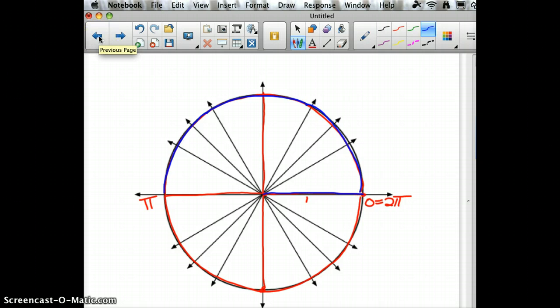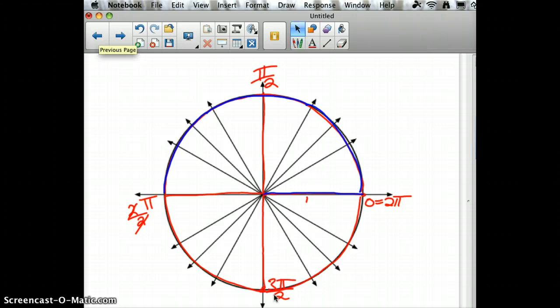Well, this is 0 and this is pi. Obviously, this is halfway, so pi over 2. So I've got 0, I've got 1 pi over 2, I've got 2 pi over 2, I've got down here 3 pi over 2. So those are really easy ones to remember.